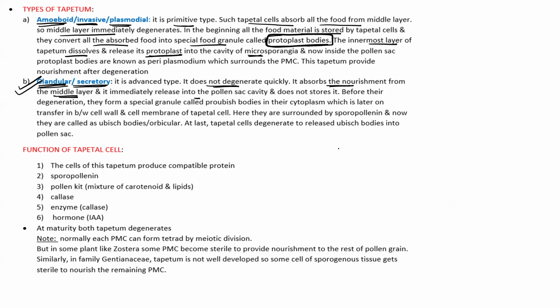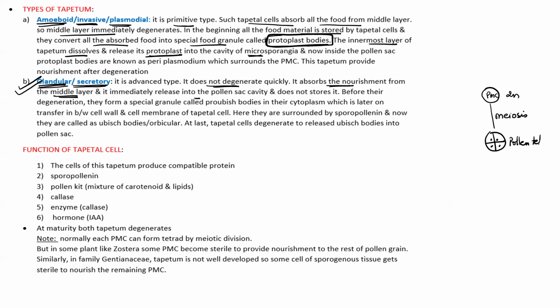Clear? Now see, understand, this is your PMC, pollen mother cell. Ploidy is 2N, which has undergone meiosis to form a pollen tetrad. This is the pollen tetrad. Clear? And pollen tetrad means haploid cells.